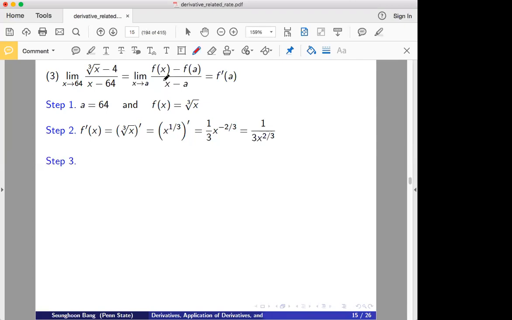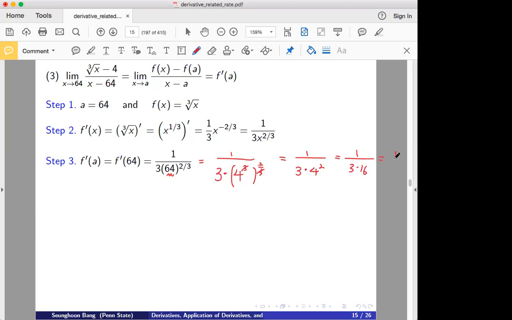So next, plug 64 into here. 4 cubed is 64, so 64 to the power 2/3. The 3 is cancelled, 1/3 times 4 squared. This is 1/3 times 16. Final answer is 1/48. This is the answer.